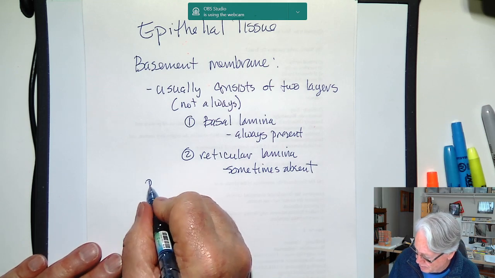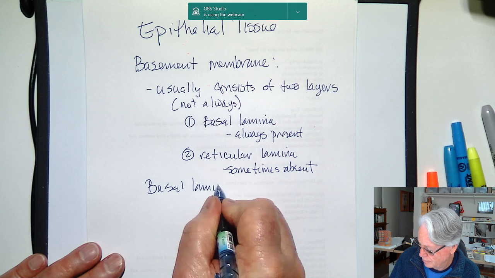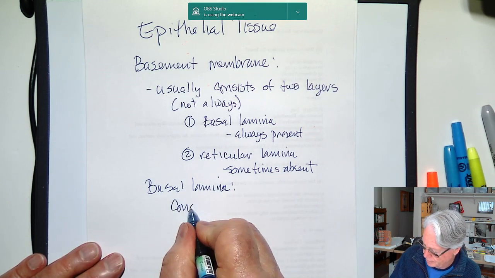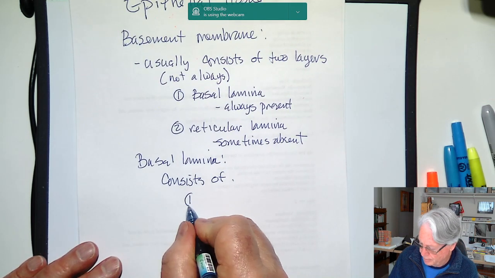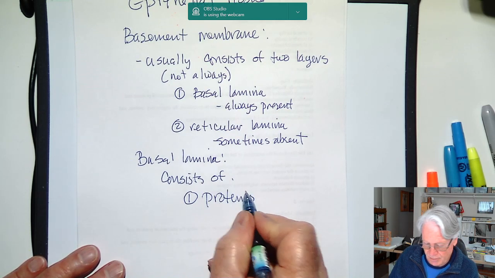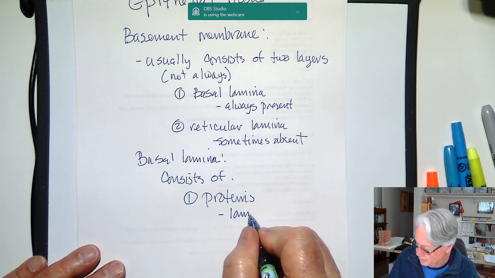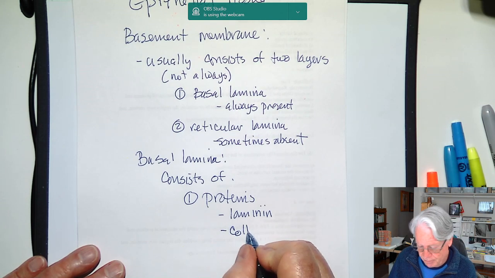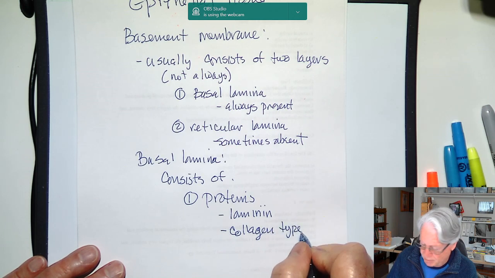The basal lamina consists of, number 1, proteins, and these are laminin and collagen type 4.